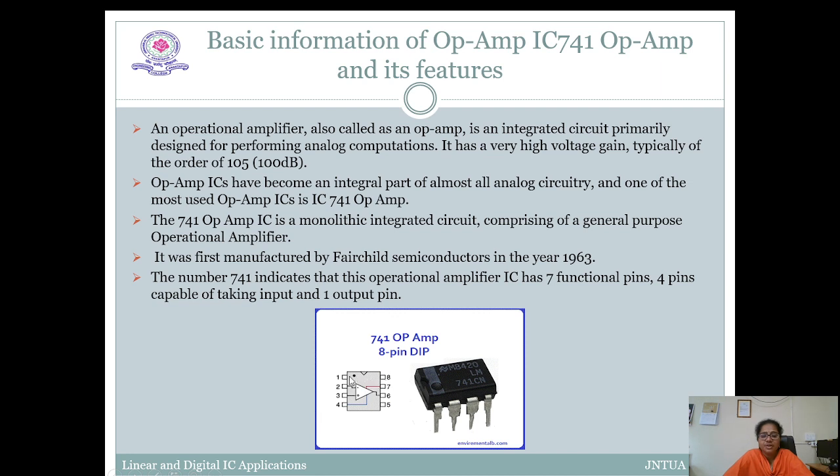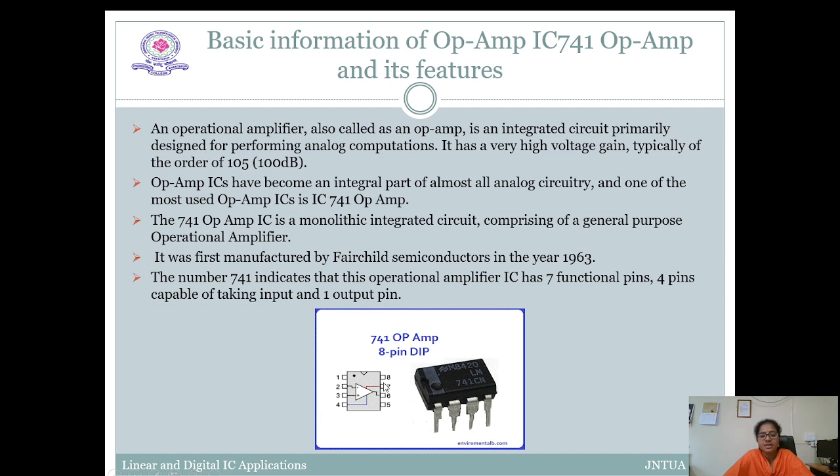Here we need to find the notch. Wherever the notch is, we start numbering from that notch. So here is the notch, then this is one, not this one, right? In this way, 1, 2, 3, 4 and then 5, 6, 7, 8. So IC 741 is an 8-pin IC. We should also be aware of which pins the inputs, output, and power supply terminals are connected to. Pins 2 and 3 are the inputs, 6 is the output, and 4 and 7 are the power supplies.